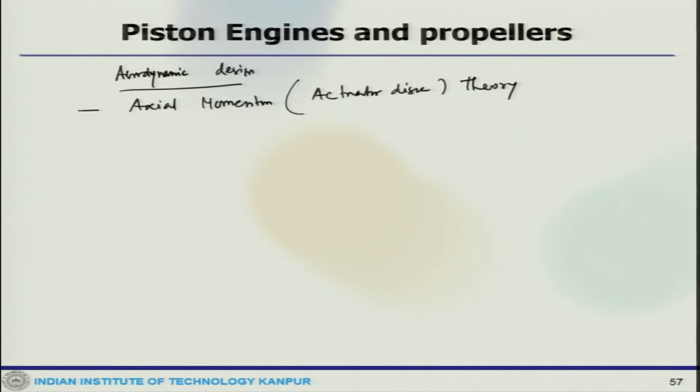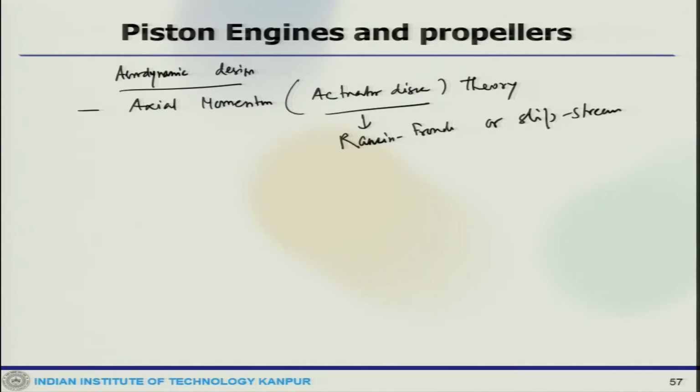Actuator disk is also sometimes called the Rankine-Froude or slipstream theory. So, these are different names which are given. This theory is based on 1865.